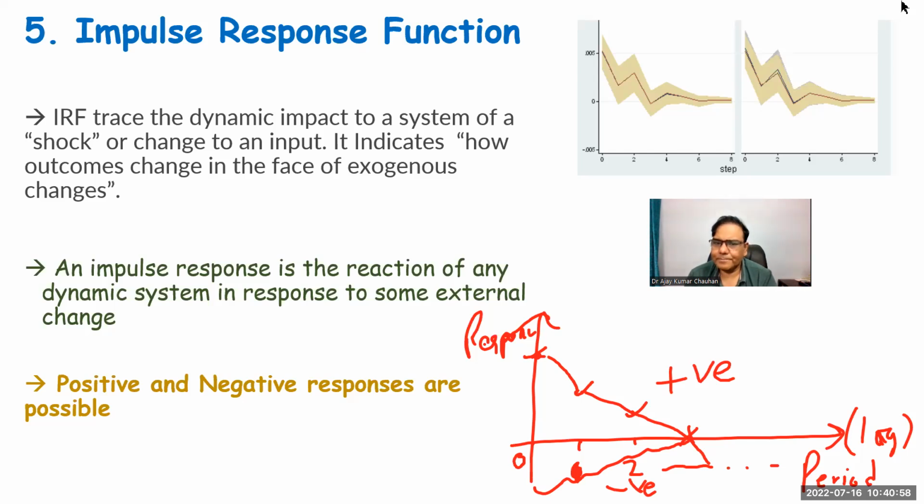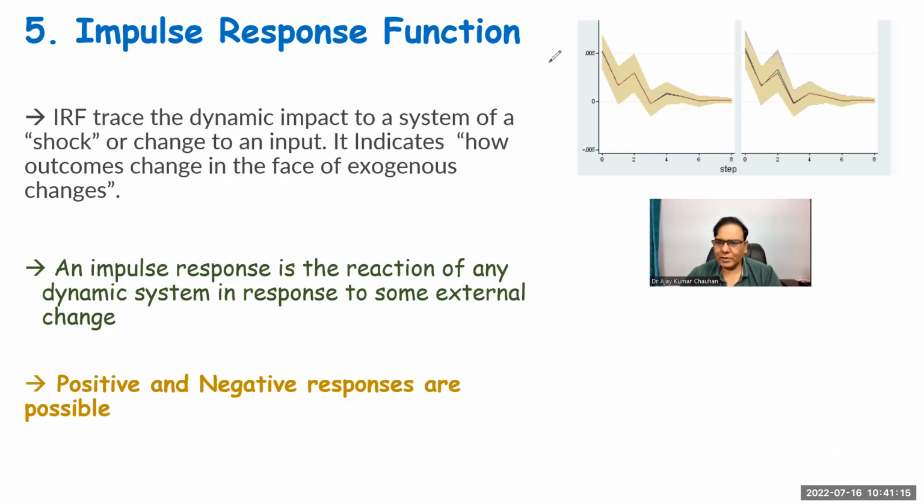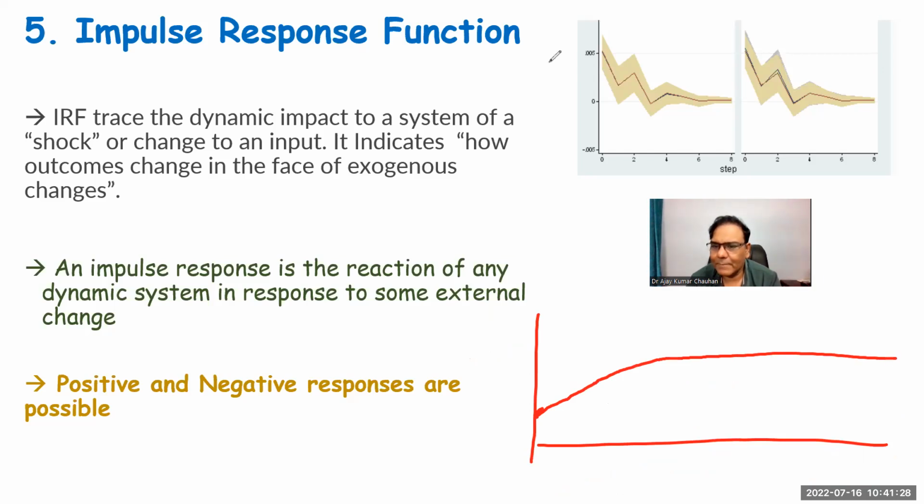In some cases the response may be positive, in some cases negative. There are two types of responses: accumulated responses and normal responses. Accumulated responses show the response on the first day, second day, third day, fourth day, and after that it dies.